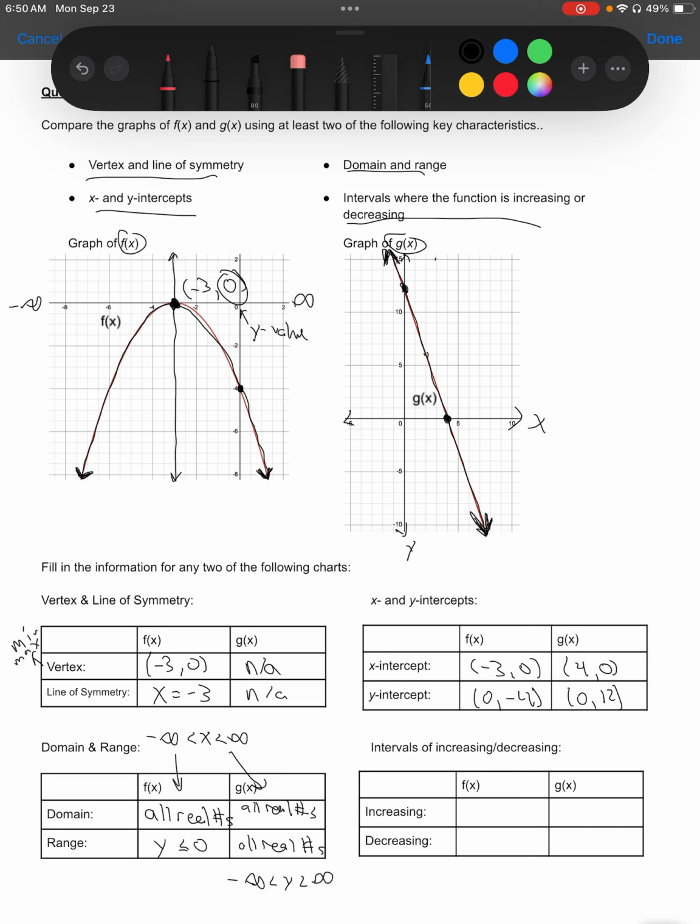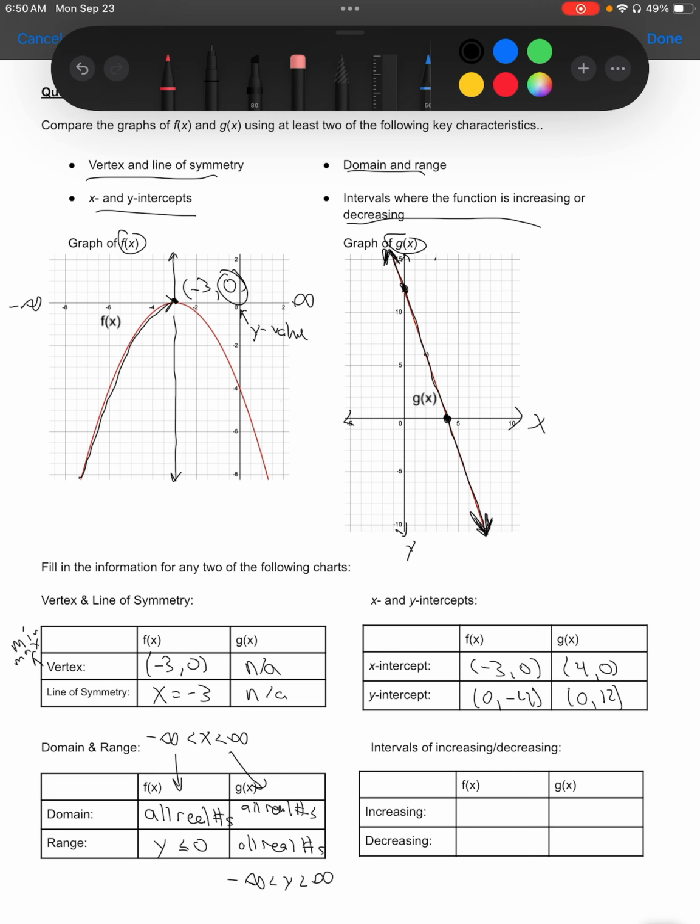Finally, for question 2, we have the intervals of increasing versus decreasing. For graph f of x, let me erase so I can redraw some things. But this graph is going to be increasing in this section right here. This is where the graph is going up.